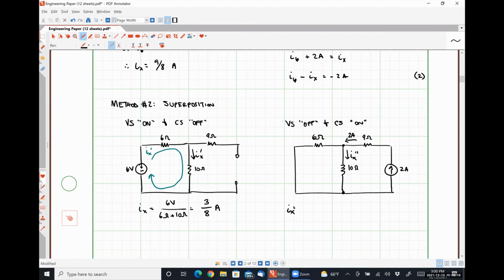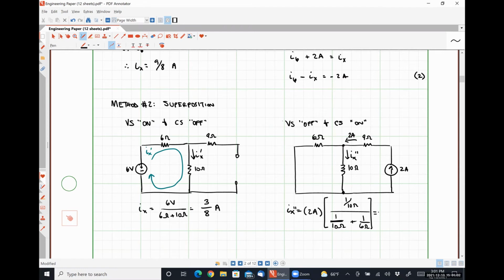So I can say that IX double prime is going to be 2 amps multiplied by 1/10 over 1/10 plus 1/6, which, let's see, 1/10 is 3/30, and 1/6 is 5/30, right?